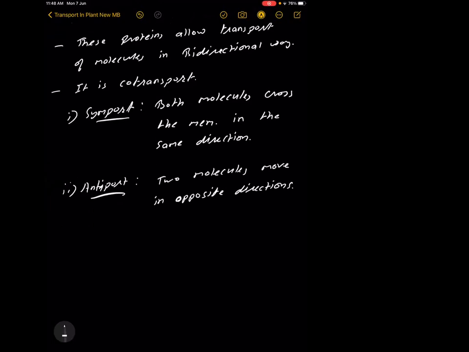Another term we use is uniport. Uniport means the molecule moves independently, one molecule, in a single direction.